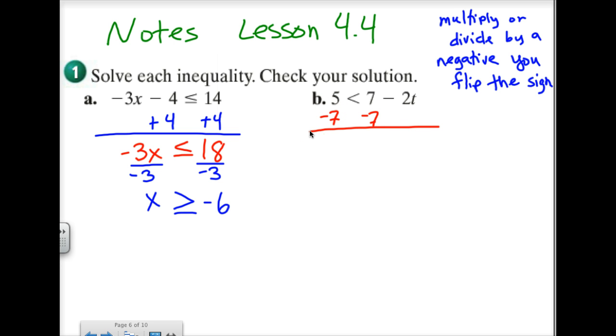Now by subtracting, I don't flip the sign. The next thing I'm going to do is negative 2 times t. The opposite of multiplying is to divide both sides by negative 2. I end up with negative 1. I do need to flip the sign, and positive t. So negative 1 is greater than t.